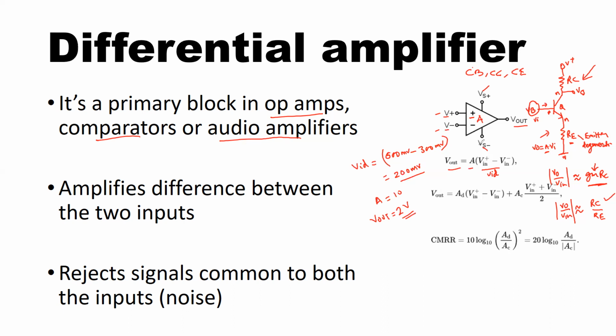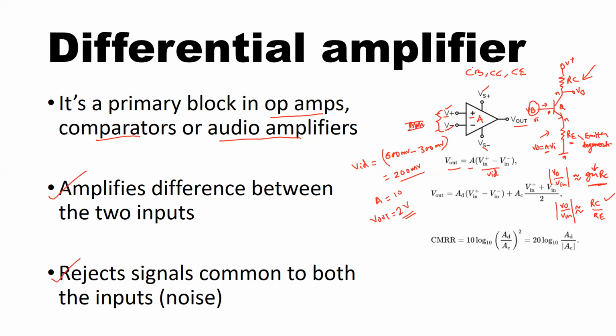So the definition is that the differential amplifier amplifies the difference between the two inputs. Similarly, it is used to reject the common mode signal, that means the signals which are common to both the inputs. For example, a noise or a DC level from the previous stage of the circuit that gets coupled to both the inputs simultaneously.